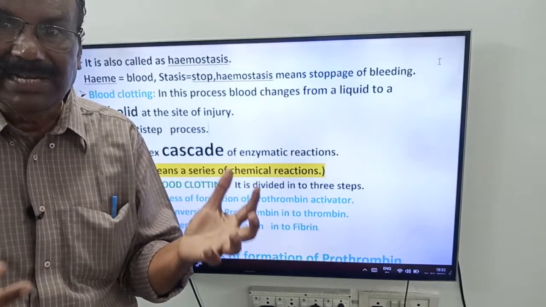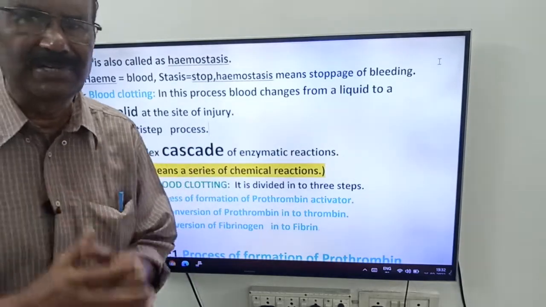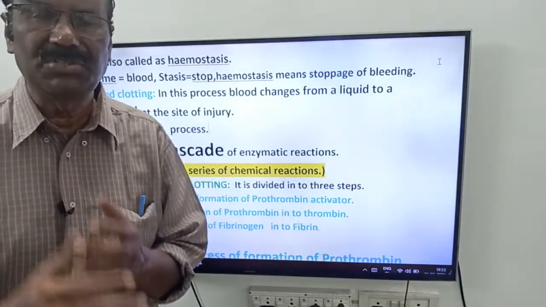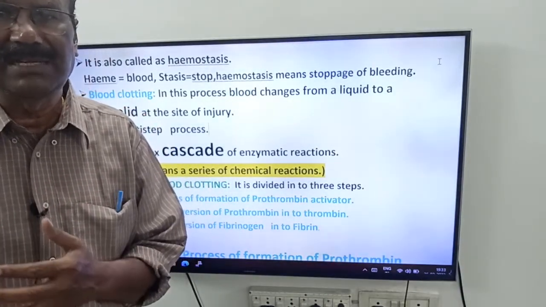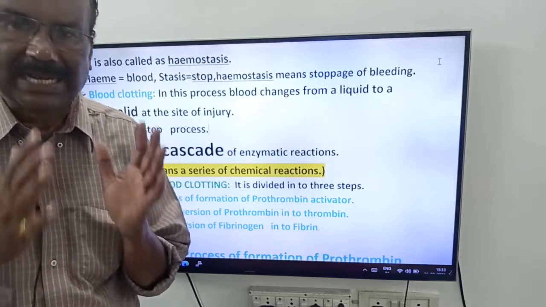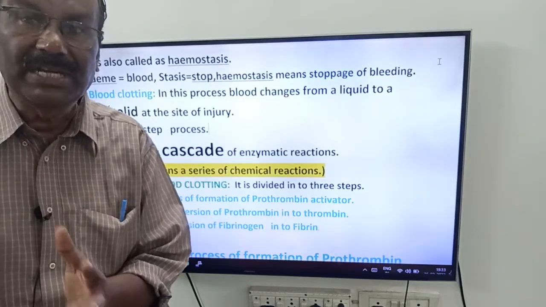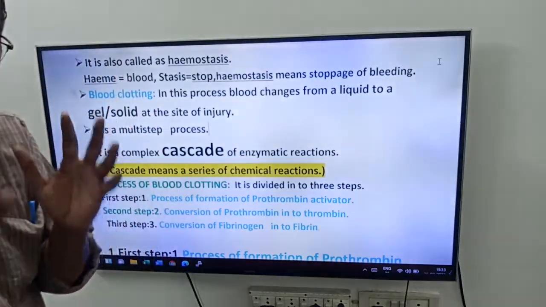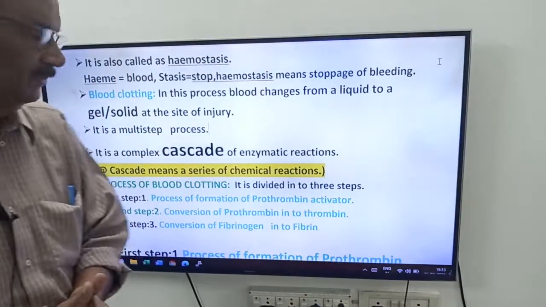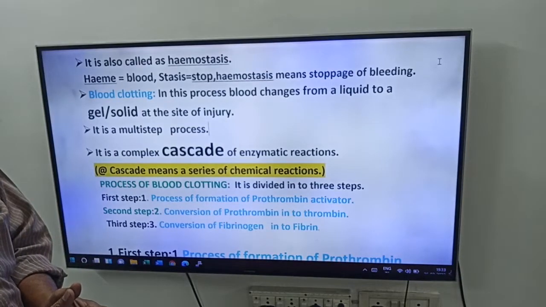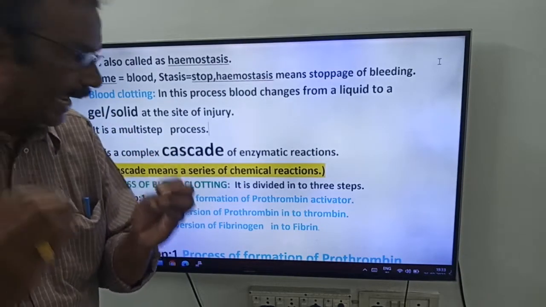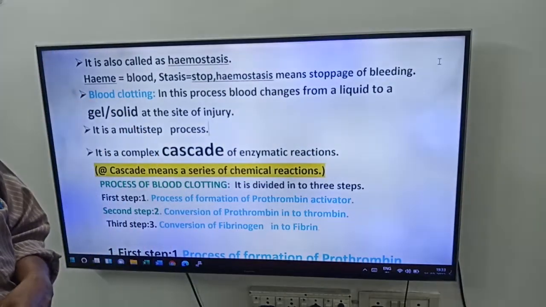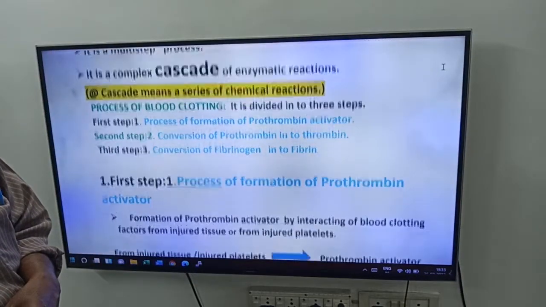What is cascade? Cascade means a series of chemical reactions which occur one after the other, each stimulating another. So blood clotting is a multi-step reaction, a complex cascade of enzymatic reactions. Now, what is the process of blood clotting?